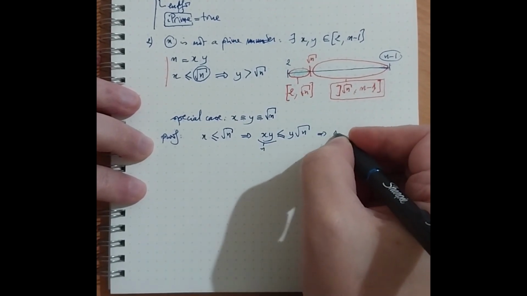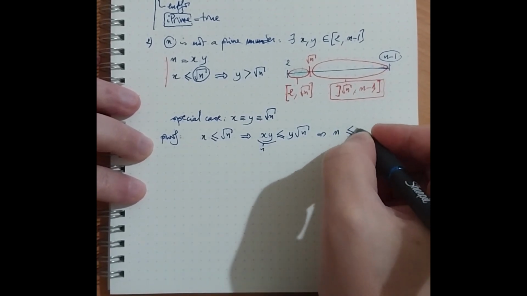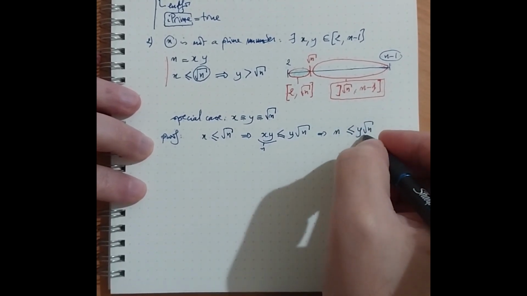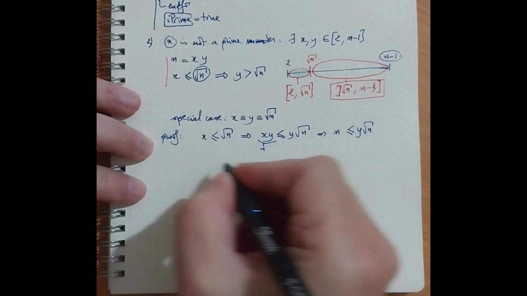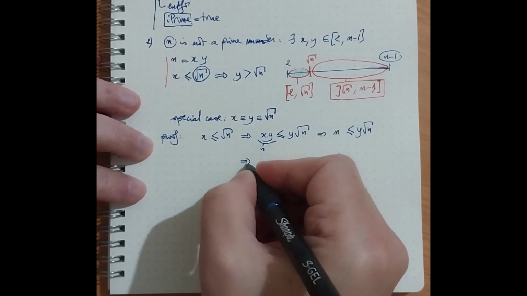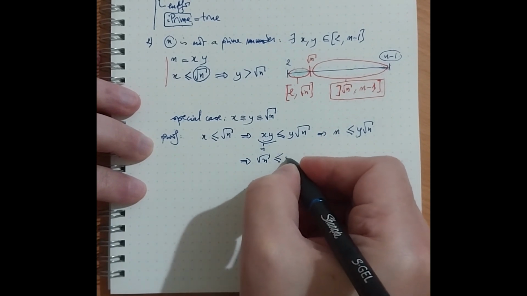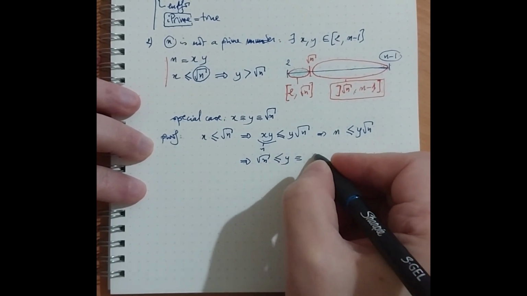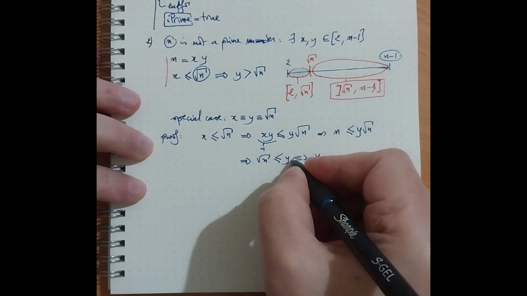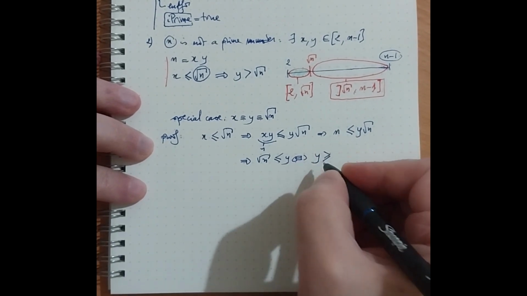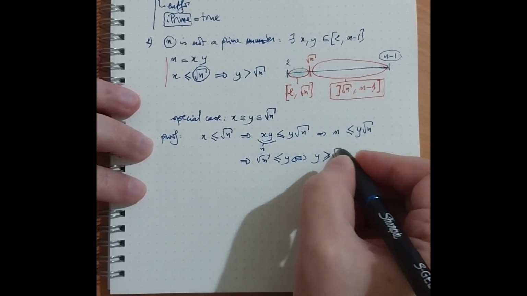So we have n is less than or equal to y times the square root of n. And if we simplify by the square root of n, we get the square root of n less than or equal to y, which is equivalent to y being greater than the square root of n.